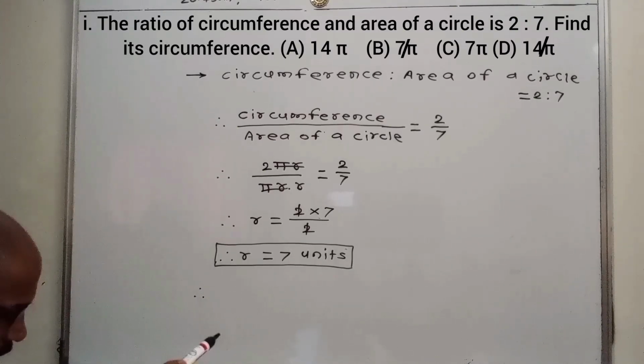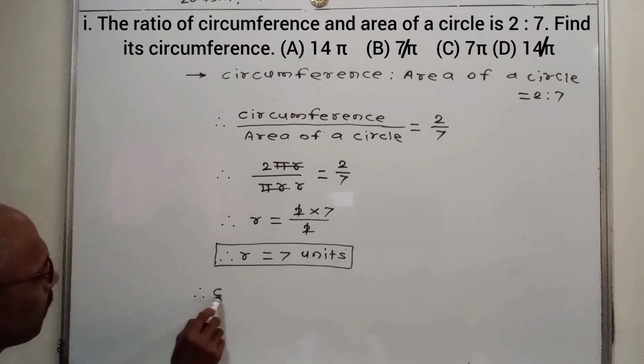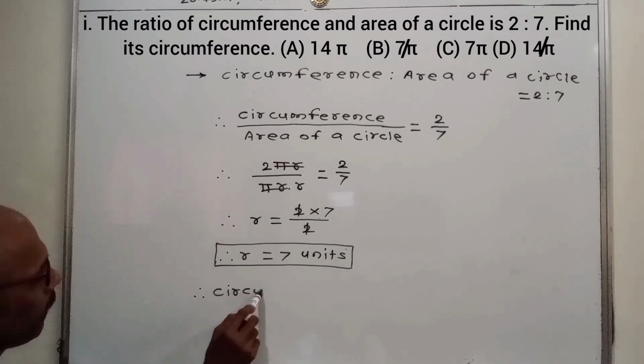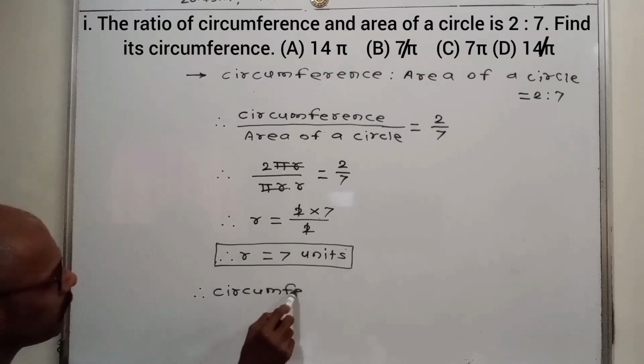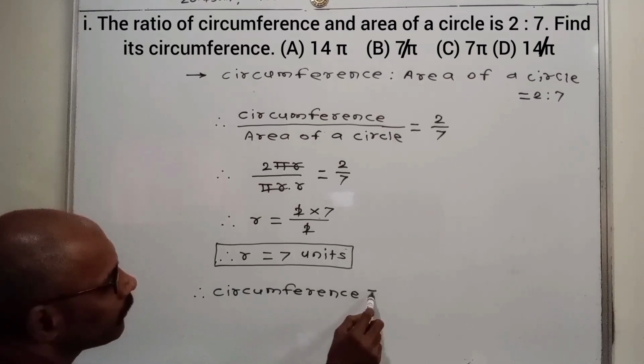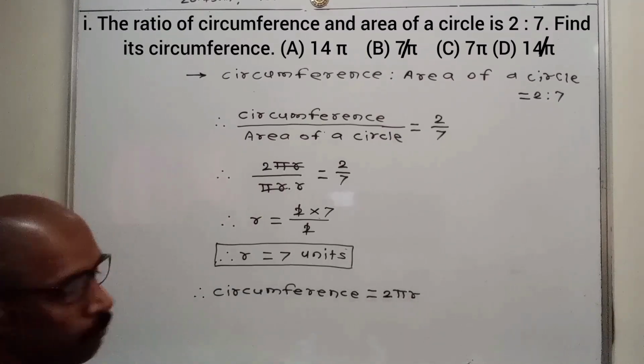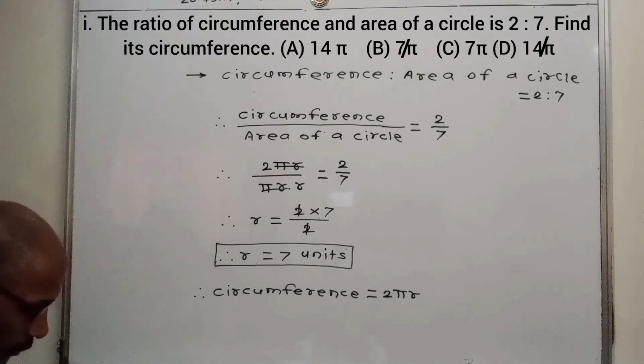Therefore, our original question, find its circumference. Circumference of a circle is equal to 2 pi r.